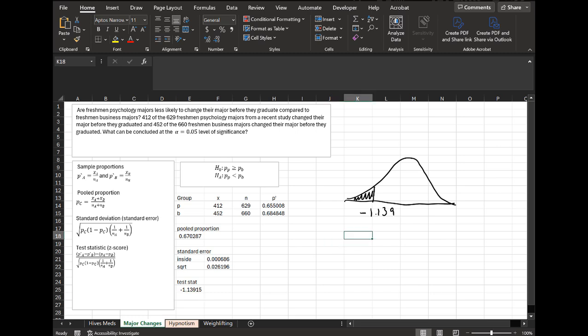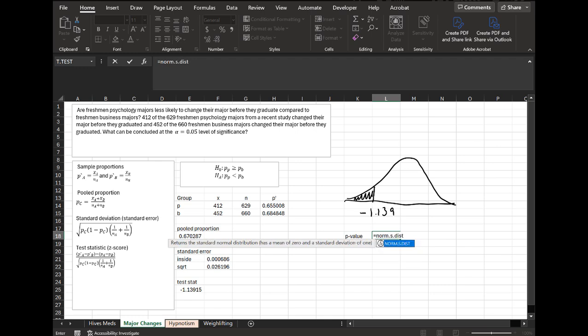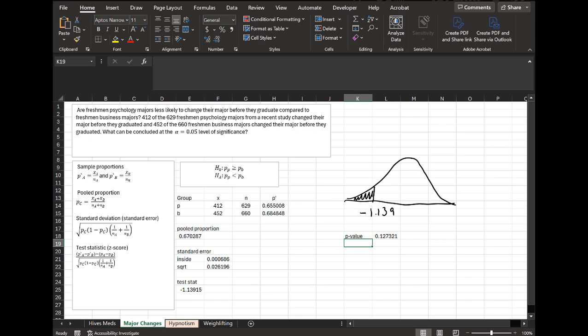Okay, so now to get to the p-value, I'm going to take norm.s.dist, take my test stat, true, so there's my p-value, pretty big. So my conclusion is that 0.0127 is greater than 0.05, so we do not reject the null.